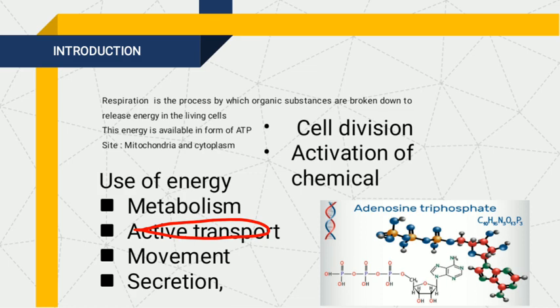Now, active transport is the movement of materials against a concentration gradient. One example of active transport in our body is the sodium potassium pump.